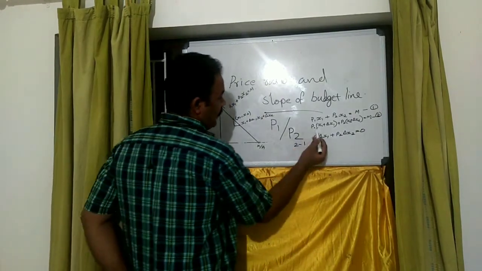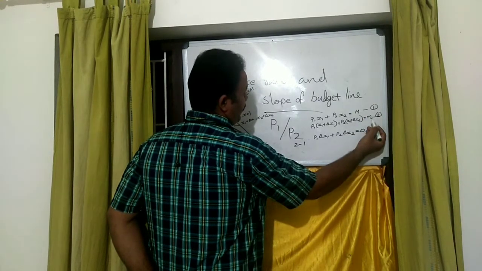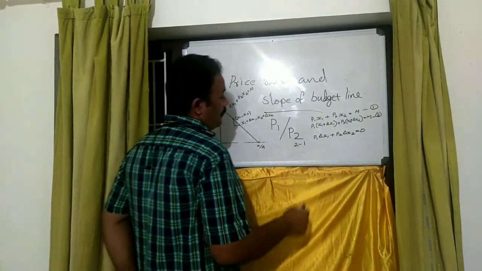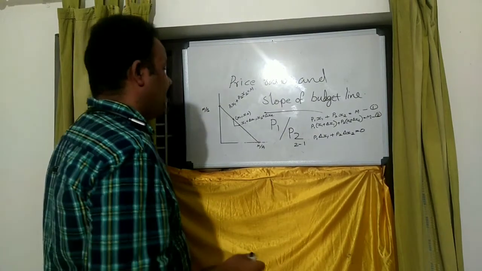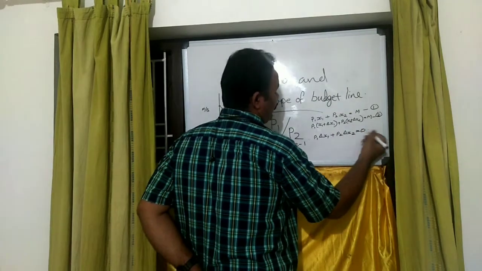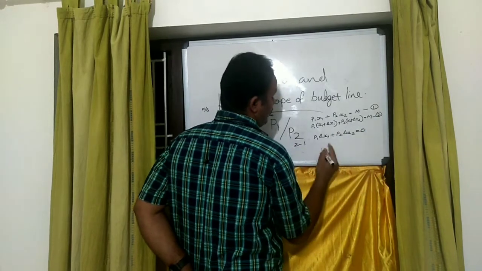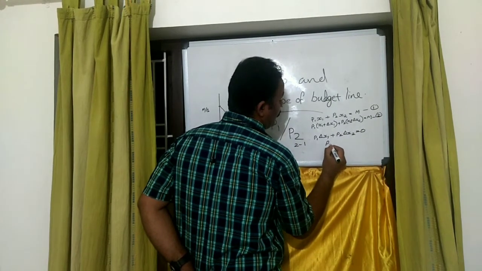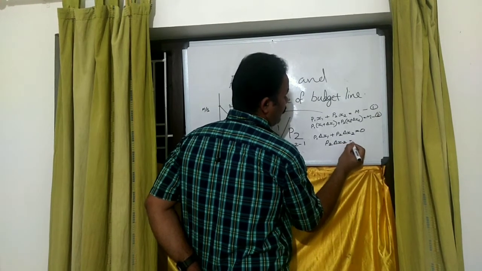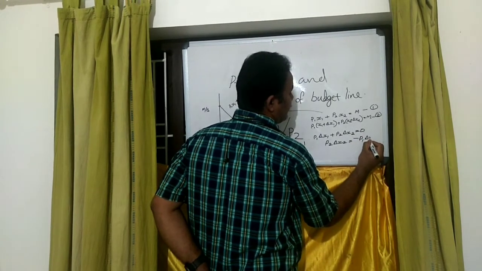Then we will get P1 delta x1 plus P2 delta x2. Then here this m will become 0. Then here we can take P1 delta x1 to the right side of the equation. Then P2 delta x2 is equal to minus P1 delta x1.